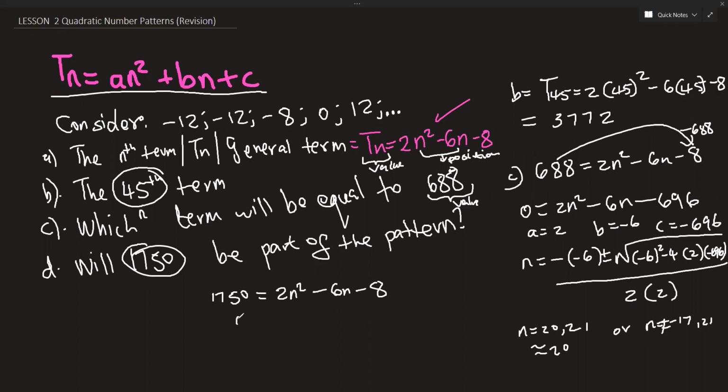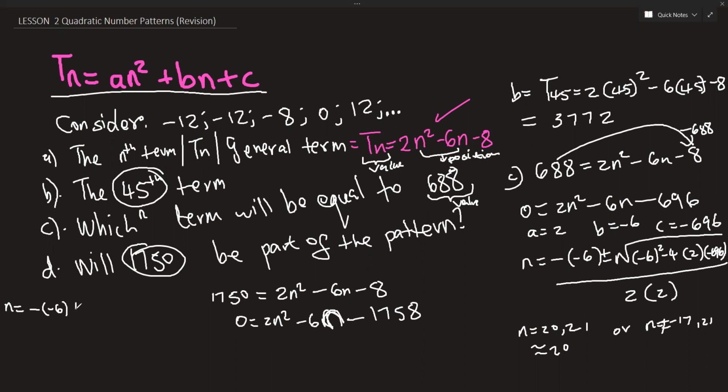So I'm going to have 0 equals to 2n squared minus 6n, minus 8 minus that, which is minus 1758, right? Perfect.